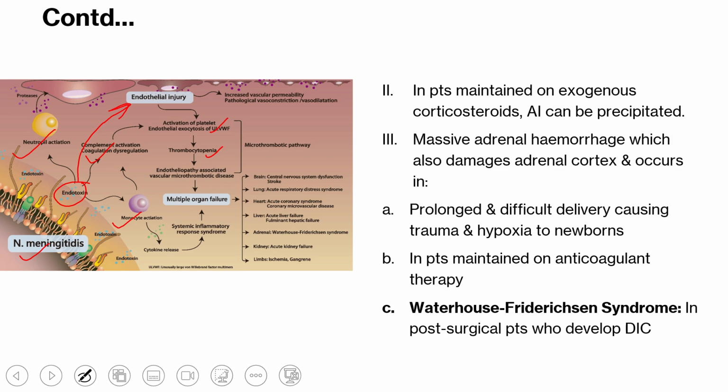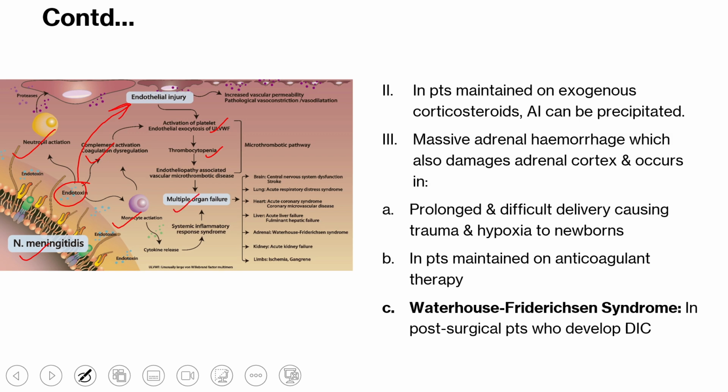This thrombocytopenia is because platelets and coagulation factors are used up in making various microclots within the blood vessels, and that results in disseminated intravascular coagulation, and eventually multiple organ failure.